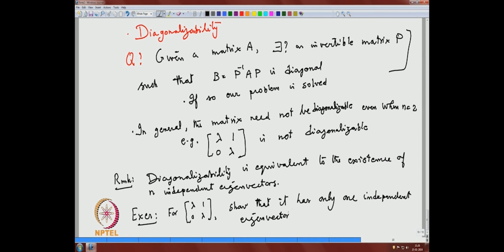When you are studying linear systems, our main aim is that given a matrix, can we have the diagonalizability property. The moment your given matrix is diagonalizable, that means you can find the corresponding matrix B, and the system is completely solved.